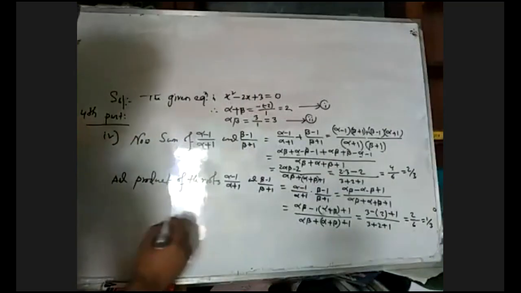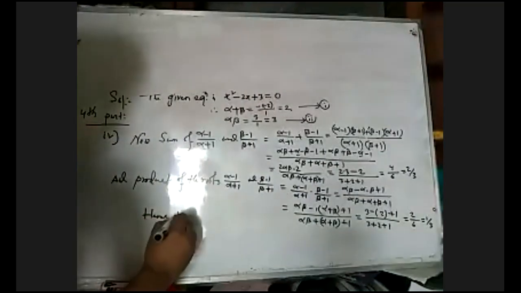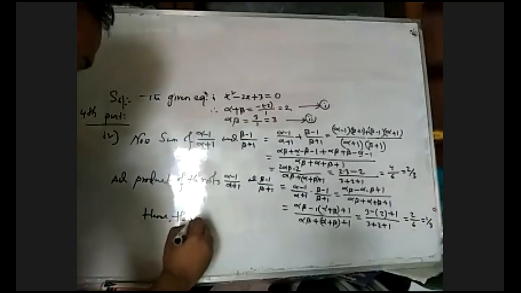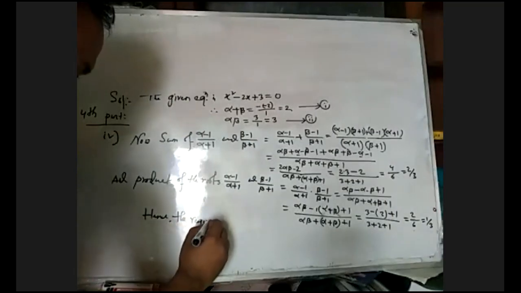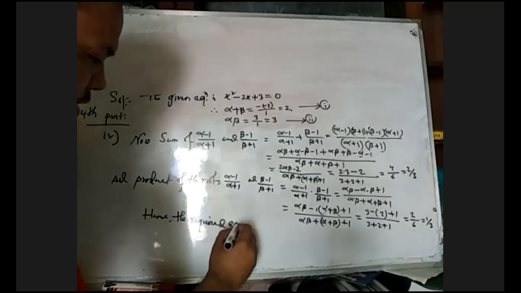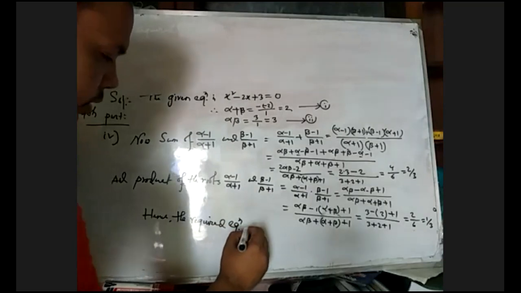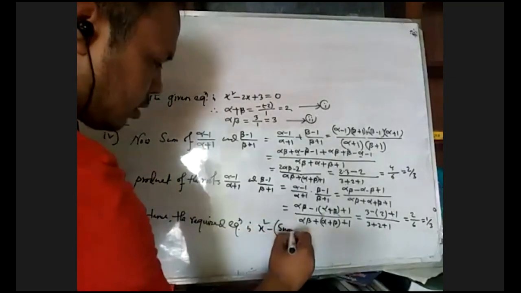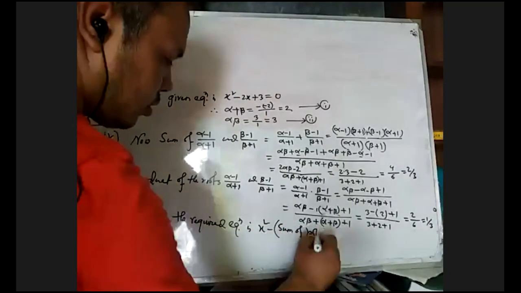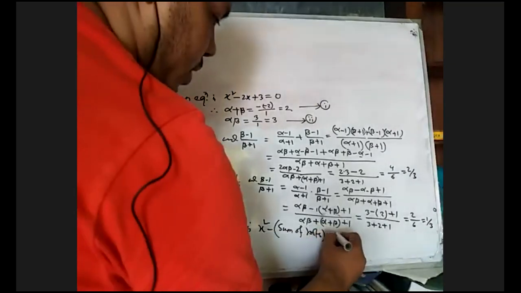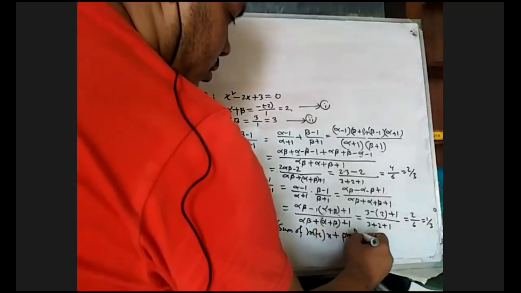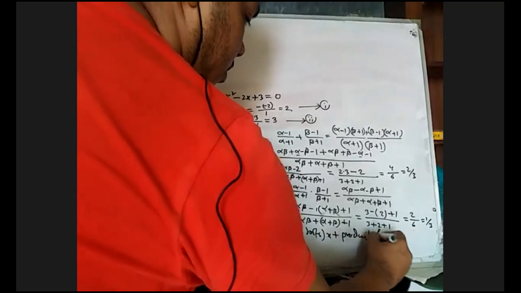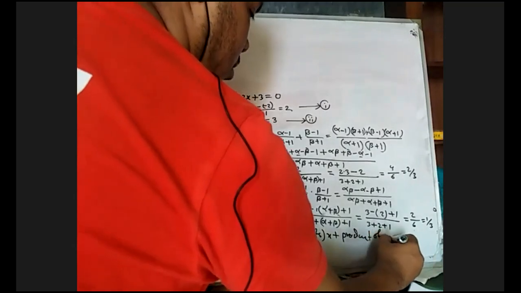So the required equation is x square minus sum of roots into x plus product of roots equals 0.